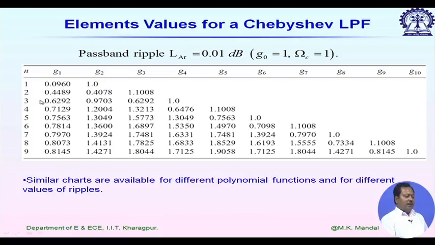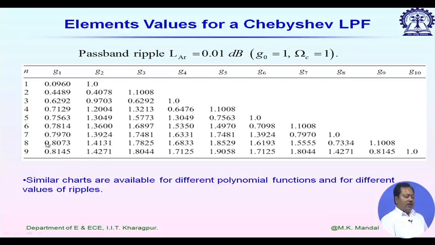For example, if I consider n equal to 2, we have g1 equal to 0.4489, g2 equal to 0.4078, and g(n+1), the load, equal to 1.1008. Similarly, depending on your attenuation requirement, you can choose the order of the filter.